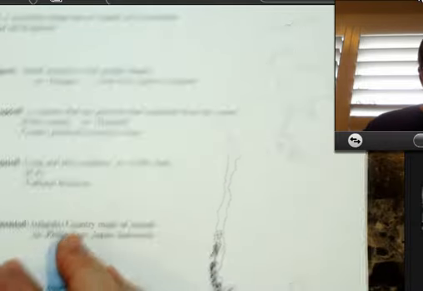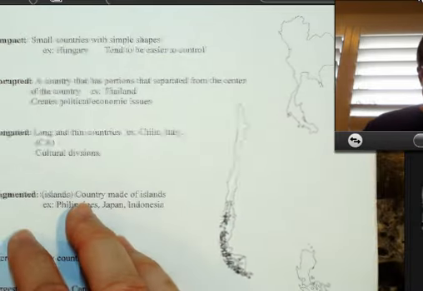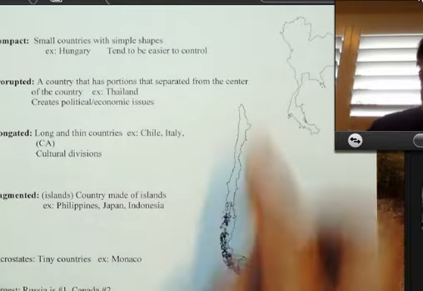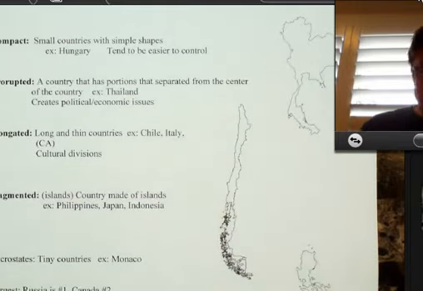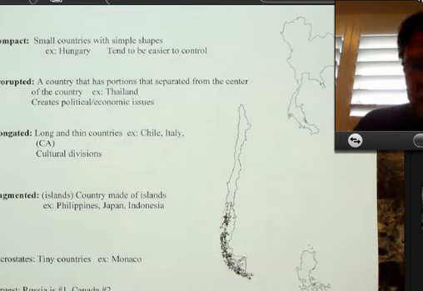Elongated countries are long and thin, like Chile, Italy, even the state of California. Notice it creates cultural divisions. For example, northern Italy is a lot different from southern Italy. Not just the culture, the food's different, the accent's a little different. And unfortunately, with coronavirus, the north's getting hit a lot harder than the south.